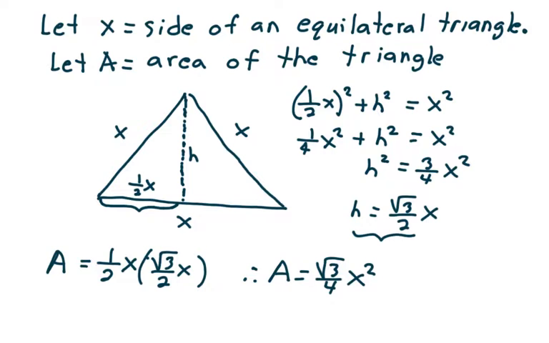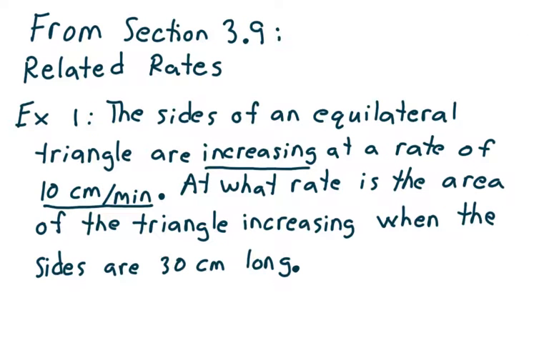Now, let's go back to the problem. So what do we know? The sides of the equilateral triangle are increasing at a rate of 10 centimeters per minute. So we know dx/dt is 10 centimeters per minute.